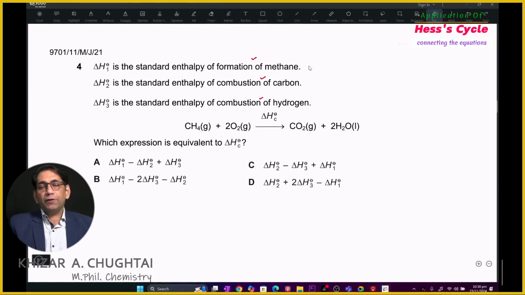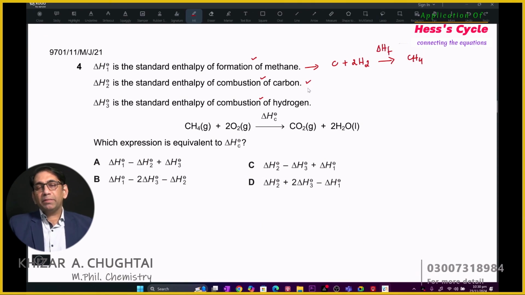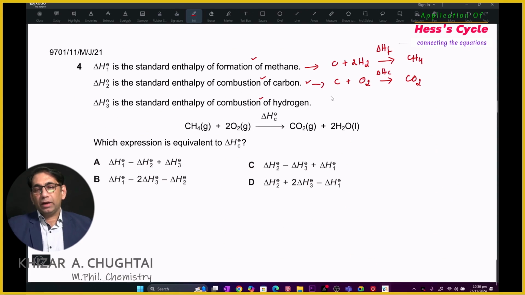Enthalpy of formation of methane. So this is the equation in which carbon and 2 mole of hydrogen will meet together to make CH4. This is called enthalpy of formation of methane. Enthalpy of combustion of carbon, in which 1 mole of carbon is going to react with excess oxygen to make CO2, and this is said to be enthalpy of combustion of carbon.